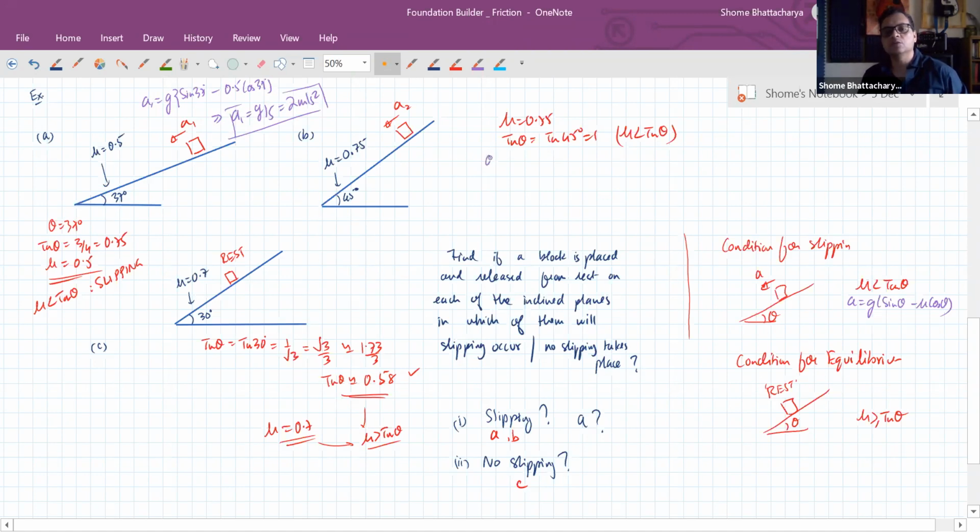Similarly, here when you work out the acceleration, it will be g into sine 45 minus 0.75 cos 45. Okay, so this will work out to be g by 4 root 2.